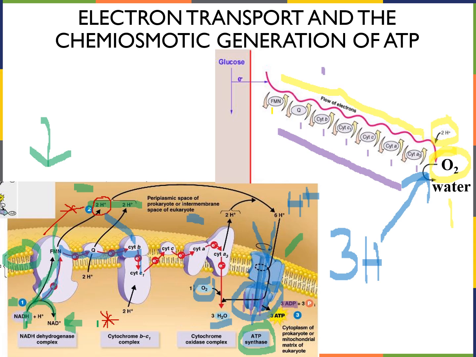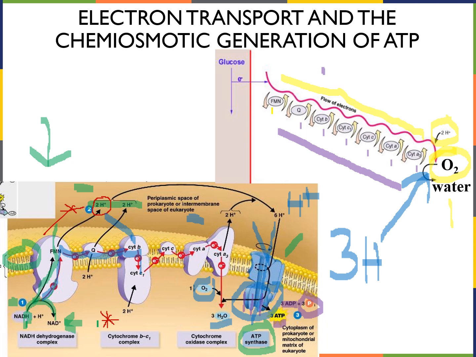When the bottom turns 1 complete turn, it allows free inorganic phosphate to bind to the ADP that's stuck on the bottom of the rotor to form ATP. And that is how the electron transport chain works to make energy, to make ATP.